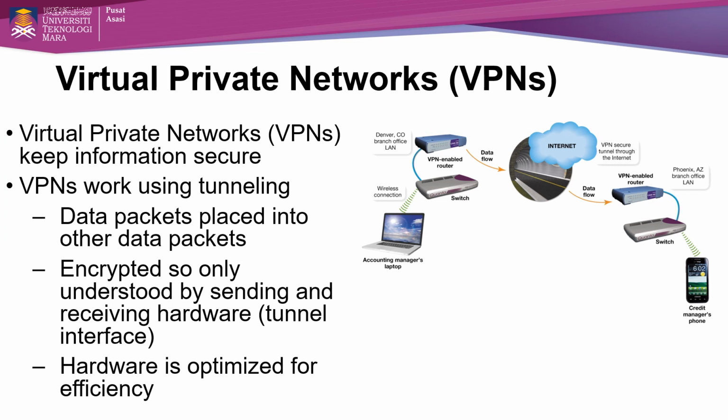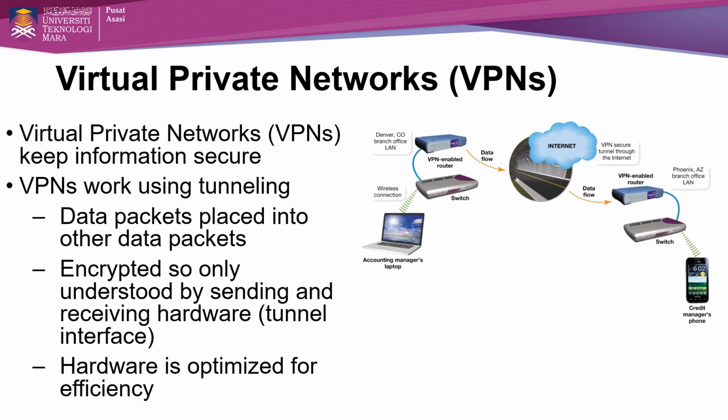Apart from intranets and extranets, virtual private networks, known as VPNs, are used to keep information secure. A VPN uses the public internet communications infrastructure to build a secure private network among various locations.